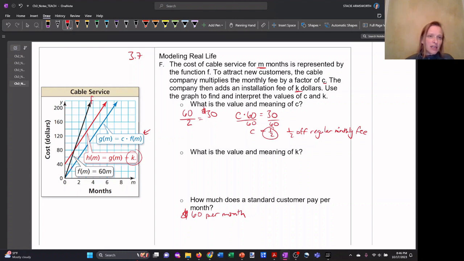So my line isn't the blue line anymore. My blue line has been bumped up here to where the y-intercept is 40. So my value for k, the value for my y-intercept, must be $40. And that $40 represents the installation fee for new customers.